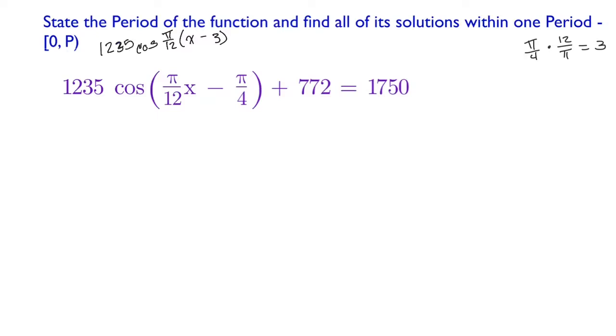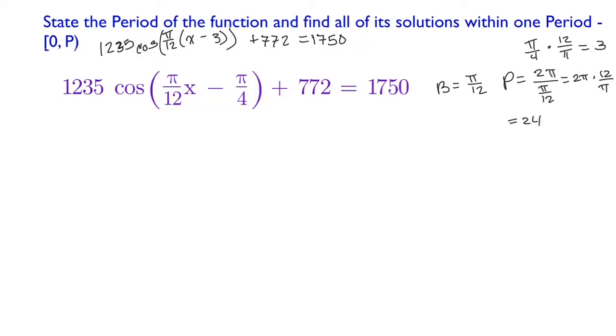Okay, so our b value is equal to pi/12, which means our period is equal to 2 pi divided by pi/12, or 2 pi times 12 over pi, which is equal to 24. So we can basically say that we're doing this from 0 to 24.